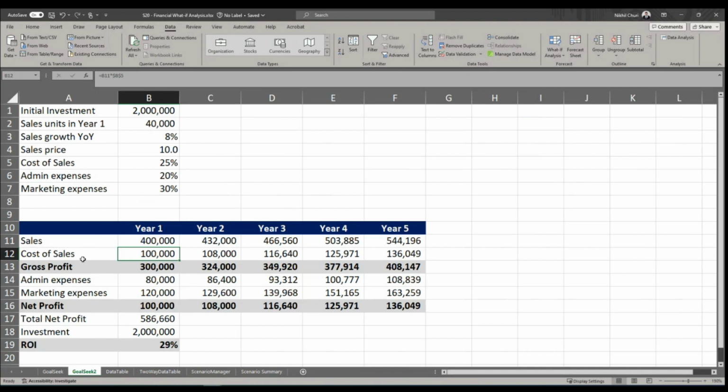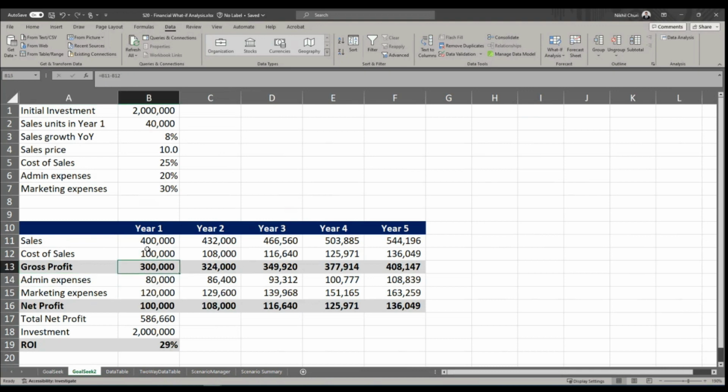Moving forward, here are your administrative expenses, which is 20% of your sales. Here is your calculated marketing expenses, which is 30% of your sales amount. Based on that, your net profit is gross profit minus the administrative expenses and marketing expenses.